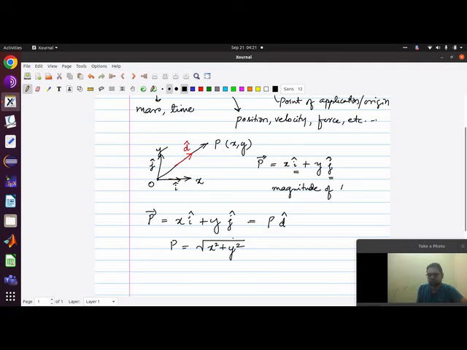Now how do you get t cap? t cap is simply x by p i cap plus y by p j cap, p being the magnitude of the vector.